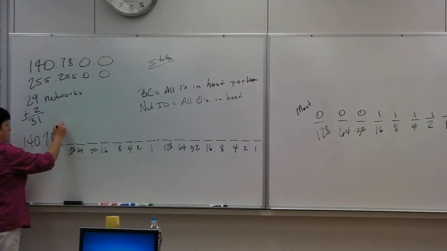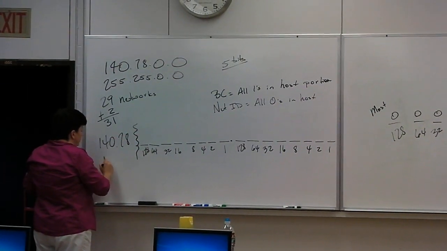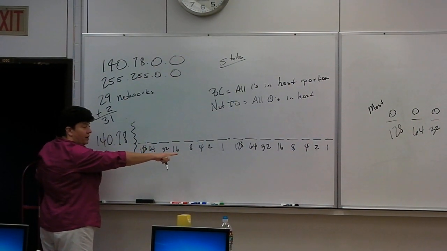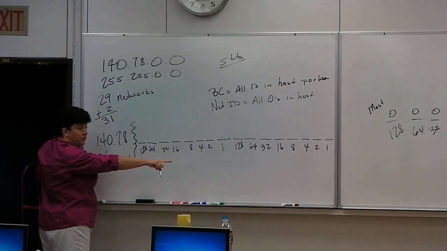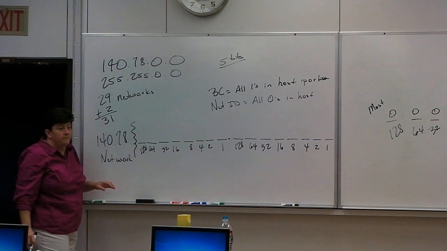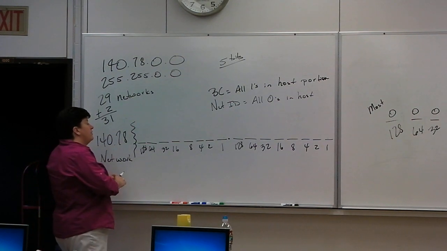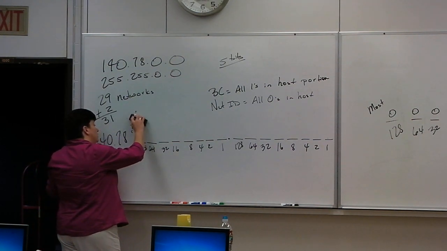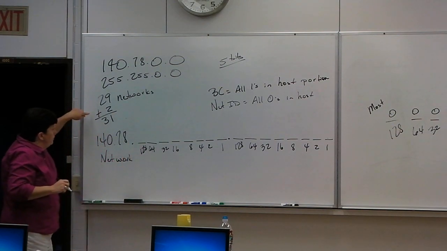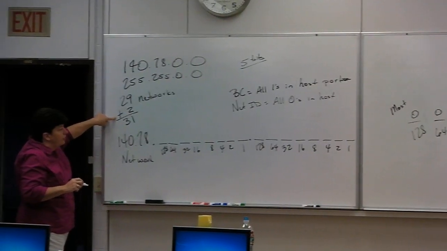This is, if I right now draw a line on this, this is my network portion. That's my host, right? Subnetting is about, I need to know where to move this line. You're asking me for networks. You're saying I need at least 29 networks. We accounted for the 2 that we have to throw away.